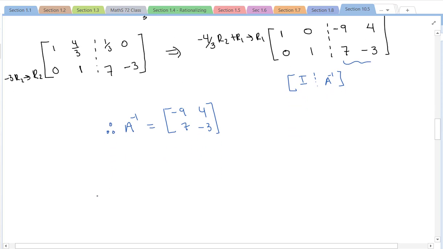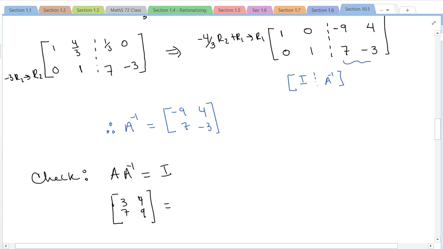And how can you check it? To check, we do A times A inverse. We multiply them, and I should get the identity. So my matrix A, remember, was 3, 7, 4, 9.